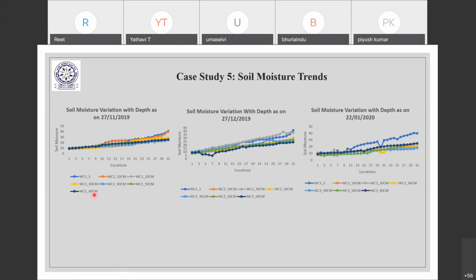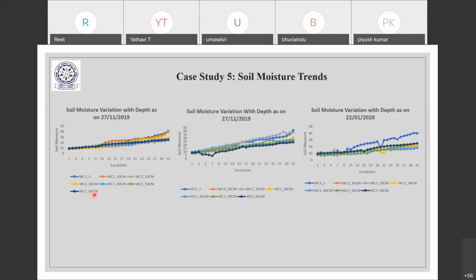But where are the roots of the plants? The plant roots are usually below the surface. Sometimes it ranges from 40 centimeters up to say 150 centimeters or 200 centimeters. So for various plants the root zone is different, and whatever the condition may be at the surface, the surface may be moist, but the moisture content at the root zone determines the capability of the plant to grow in that particular soil.